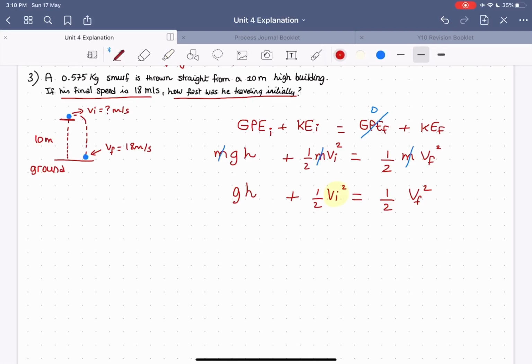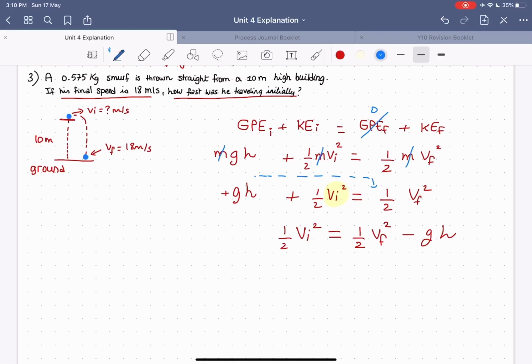So we need to rearrange the formula in order to get the subject. By taking gh to the other side, since it's plus over here, it will become minus. So we will have half velocity initial squared is equal to half v final squared minus gh.